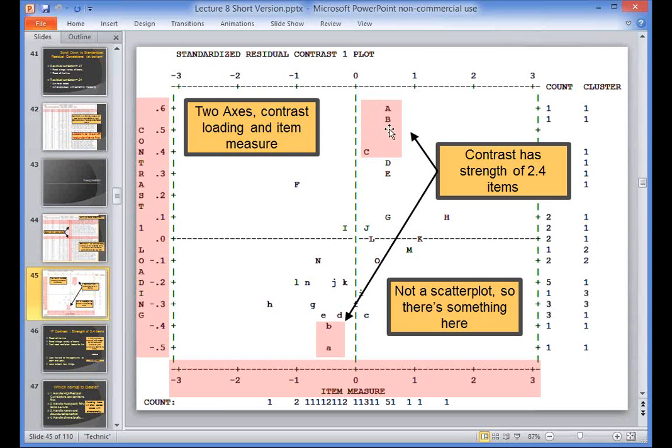And essentially what you're doing, you're looking for where A, B, and C are, big A, B, and C, and little a and B, and you want to see where those are at. Okay? And this is going to tell you, these could be easily placed, they could be placed anywhere. You can see here that this is not a scatter plot, so this dimension is picking up some kind of signal.